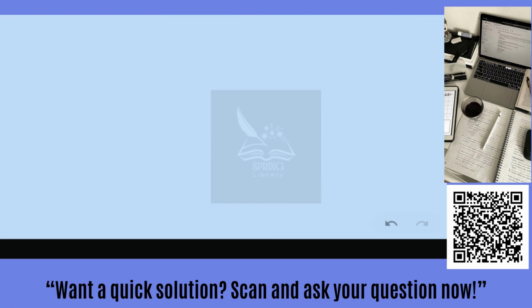So the free body diagram for our M1 basically only experiences gravity, which is M1G, and also the tension.